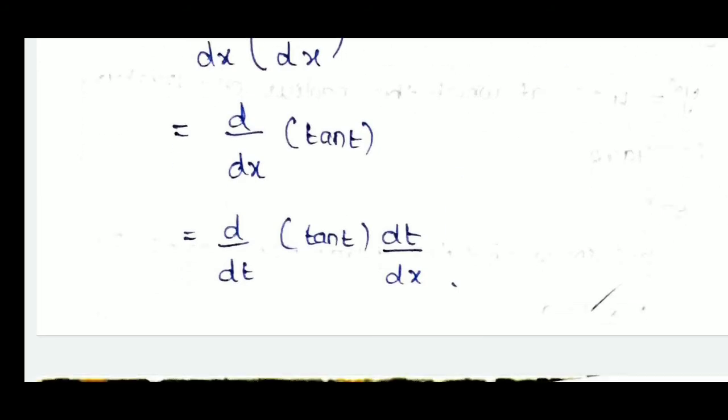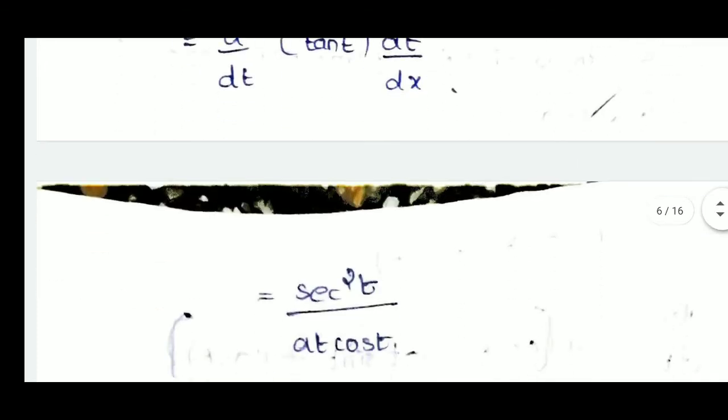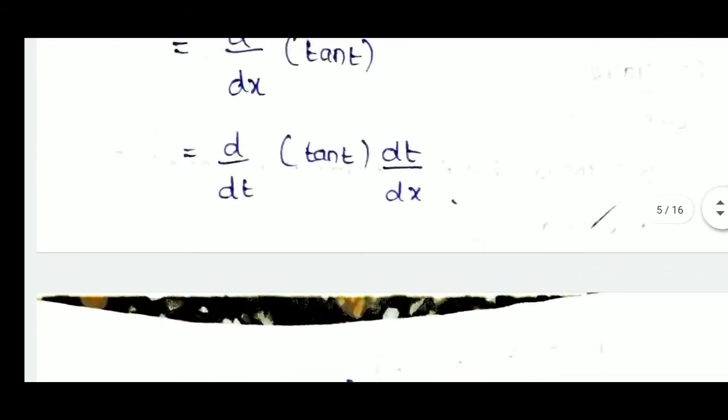Multiplying and dividing by dt, we can write this in the form d/dt of tan t into dt/dx. The differentiation of tan t is sec² t. We can write dt/dx as 1 by dx/dt.